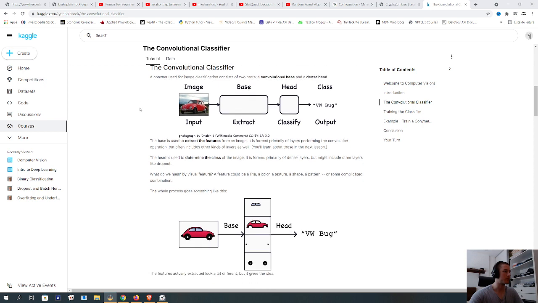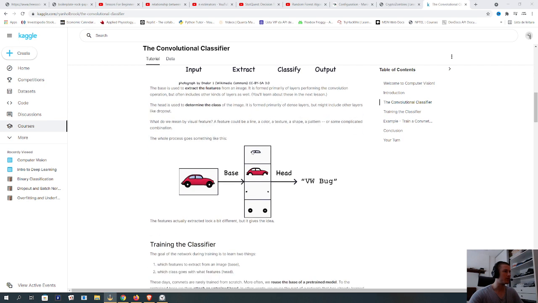Okay, a convolutional classifier used for image classification consists of two parts: a convolutional base and a dense head. So image, base, extract, head, classify, class output. The base is used to extract features from an image. It is formed primarily of layers performing the convolutional operation, but often includes other kinds of layers as well.